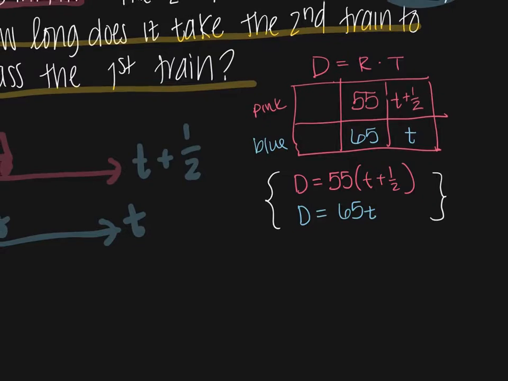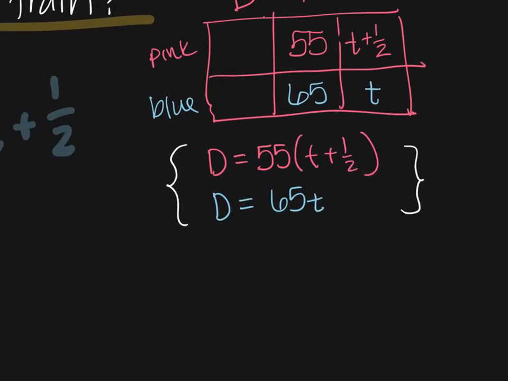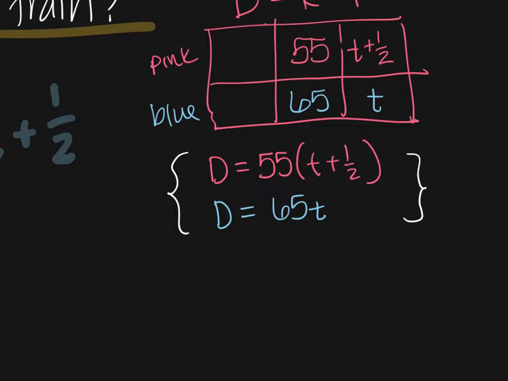And with what I know about systems of equations, I can treat this like a y and an x, if I remember that y is my independent variable. So knowing that these are both equal to d, I can set them equal to each other. So I can get 65t equals 55 times t plus 1/2. And I can see what my t's equal, and then I can plug it back in to get distance.